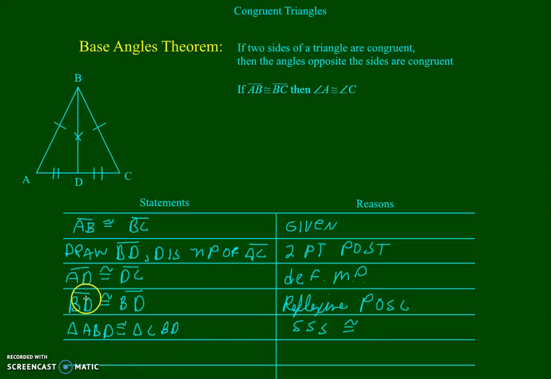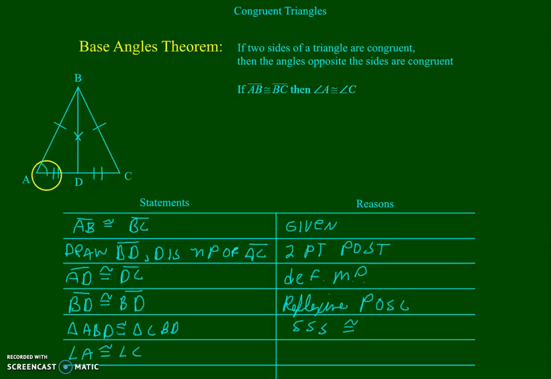And therefore, I know that angle A is congruent to angle C, because of the definition of congruent triangles, that the corresponding parts of congruent triangles are congruent.